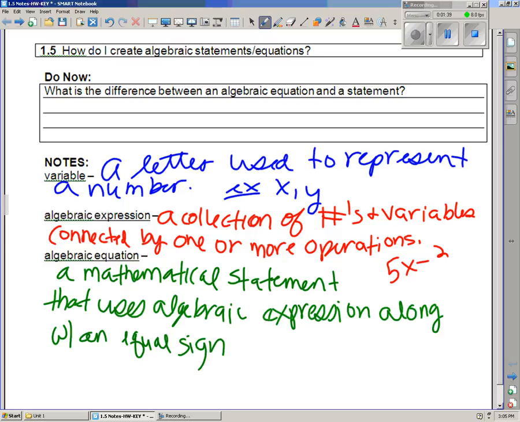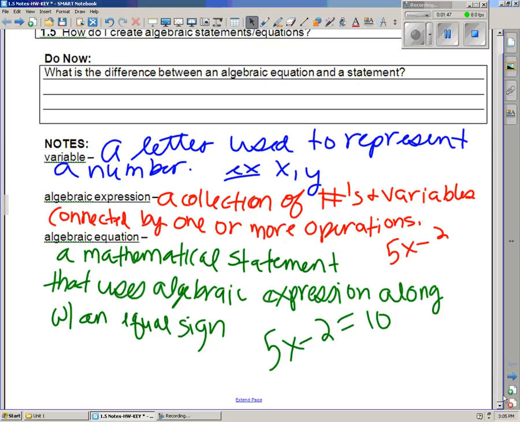So for example, if we take that 5x minus 2 expression and set it equal to 10, that's going to be an algebraic equation. So the difference between expressions and equations is expressions you do not solve, equations you do.